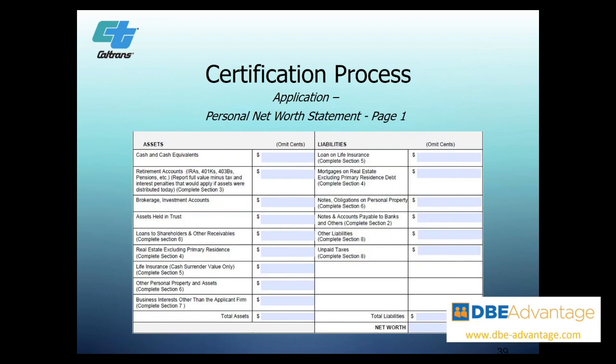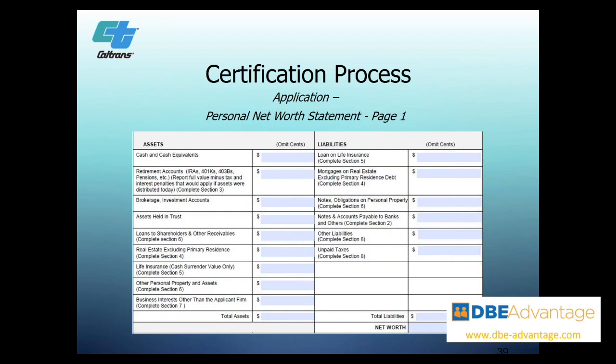So when we get to this page, you, as the applicant, complete this as is, and then you rely upon the reviewer to calculate the final net worth.